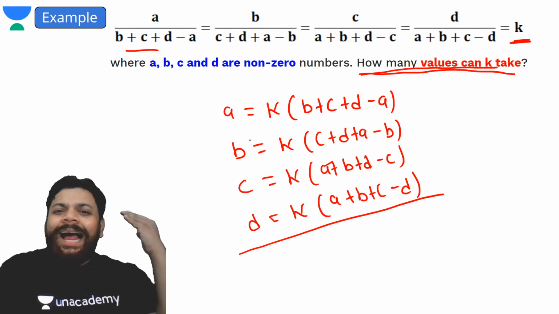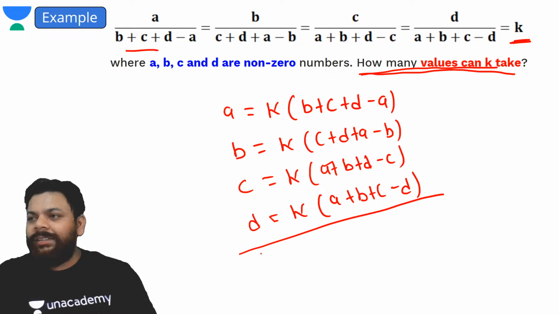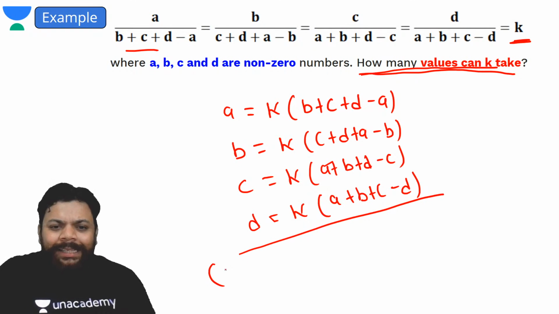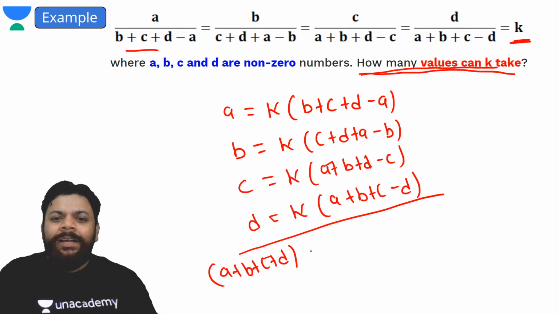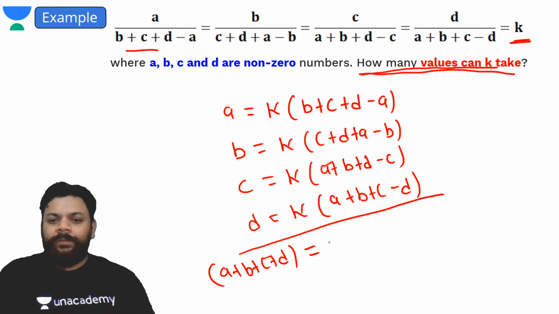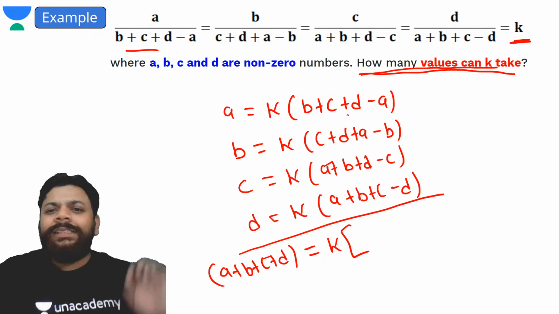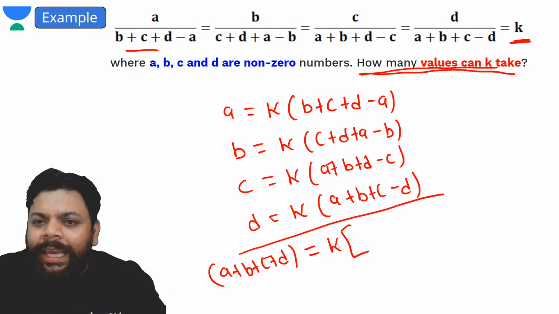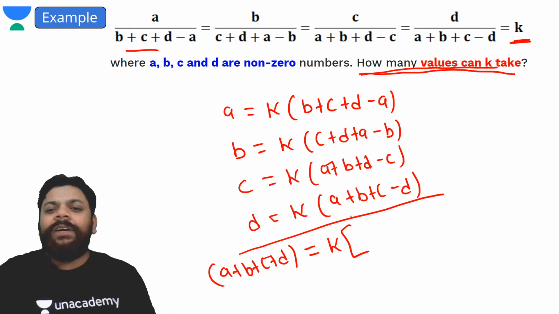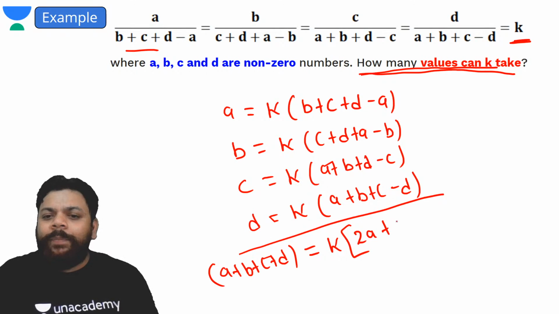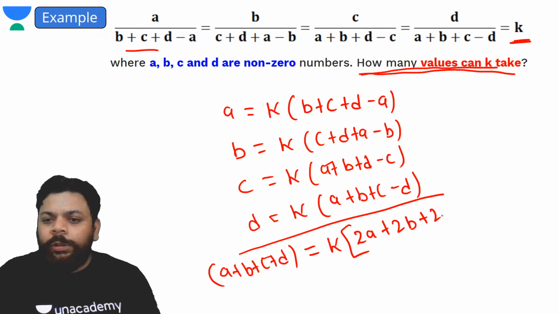So whenever I add LHS and RHS, just try to think, can I say that a plus b plus c plus d will be equivalent to k times, because k will be common. Just try to think like this: here once a is negative and the other three times a is positive. Can I say that 2a plus 2b plus 2c plus 2d will be there?